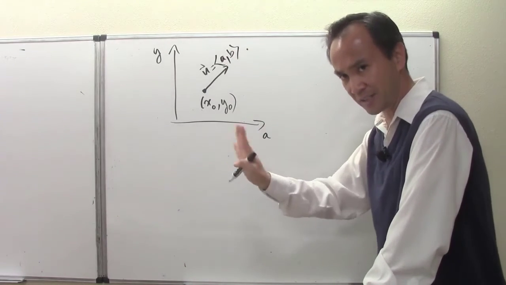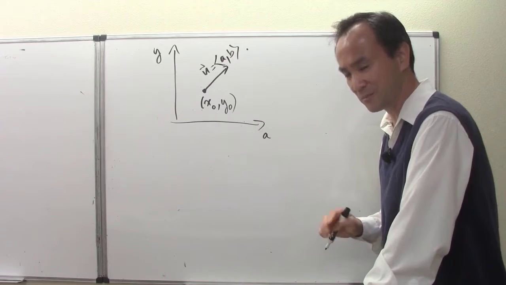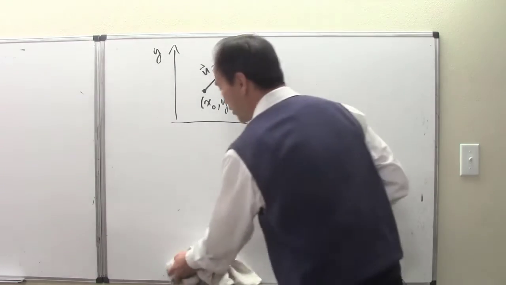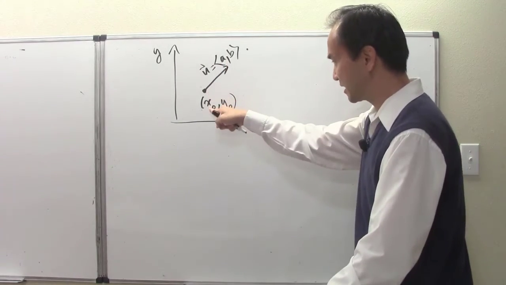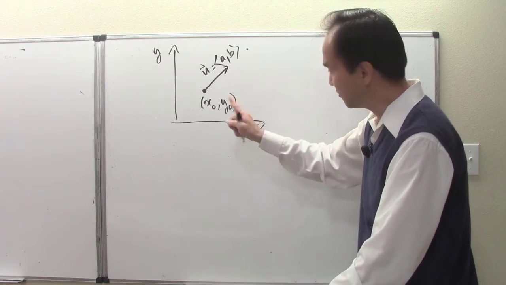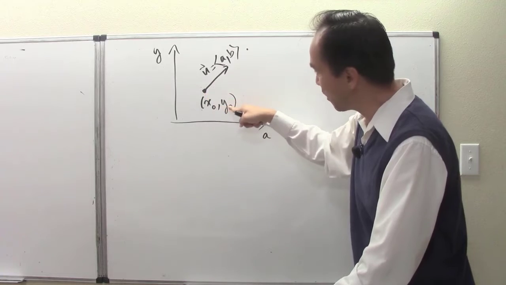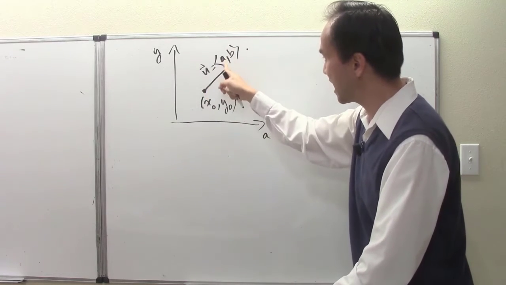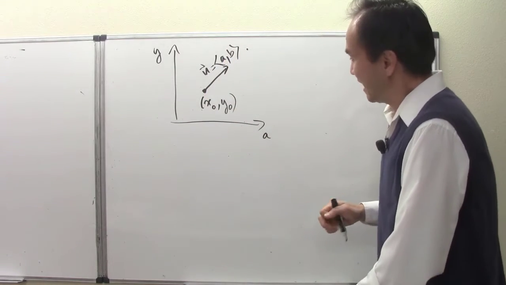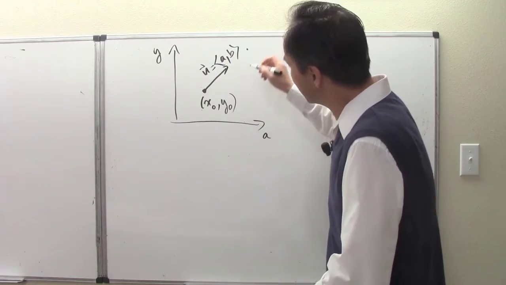So I switched my variable names a little bit, my naming of the values a little bit. So the point is seated at x0, y0, but then the vector is pointing from that point x0, y0 in the direction a, comma b. Okay, and so now think about this.